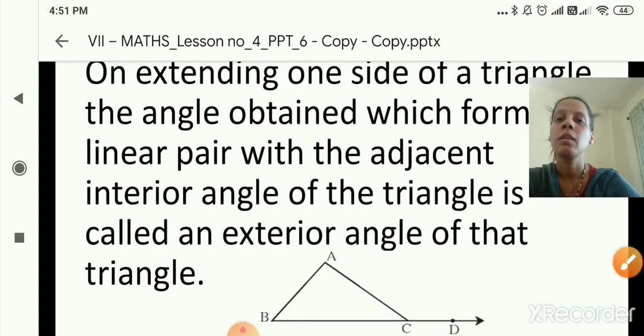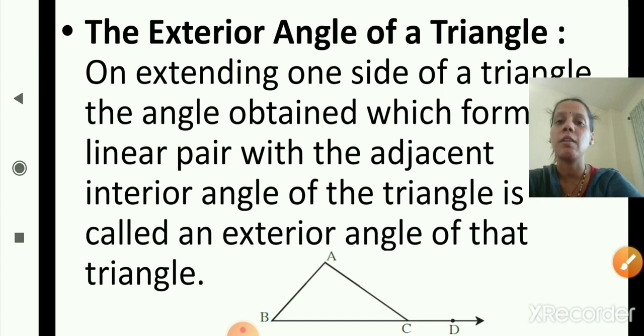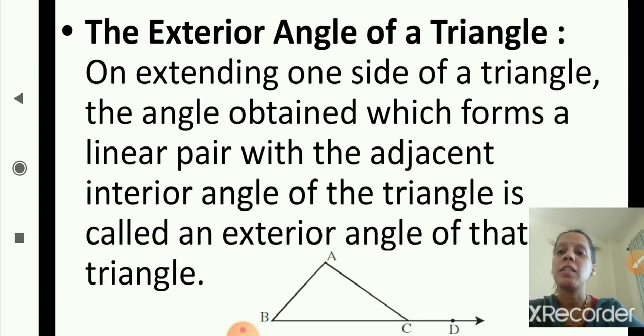We have seen this definition. The exterior angle of a triangle: on extending one side of a triangle, the angle obtained which forms a linear pair with the adjacent interior angle of the triangle is called an exterior angle of the triangle. As you have seen in the figure, in triangle ABC, extending the side BC, the angle which we get, that is angle ACD, is forming a linear pair with the adjacent interior angle.